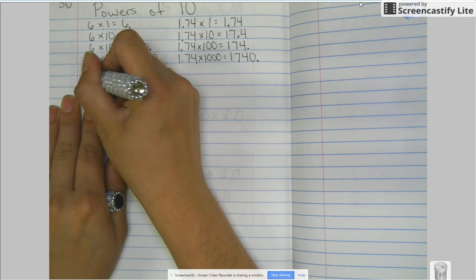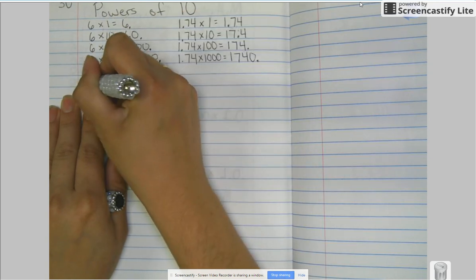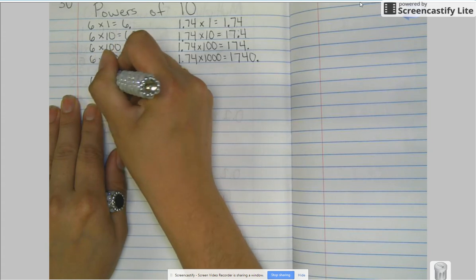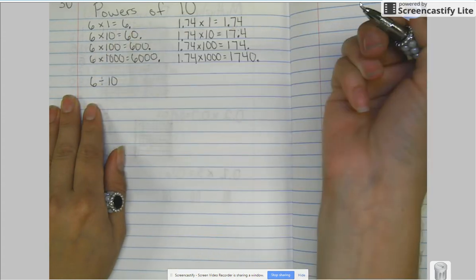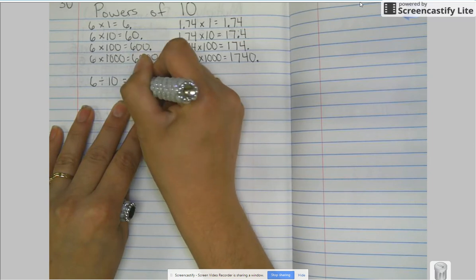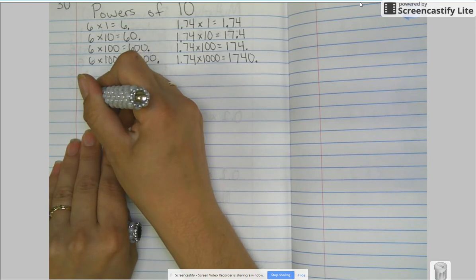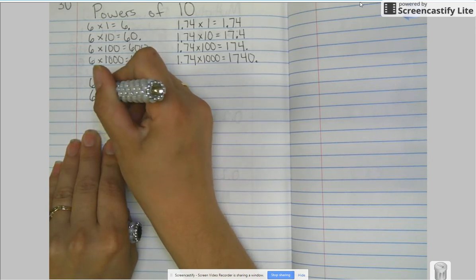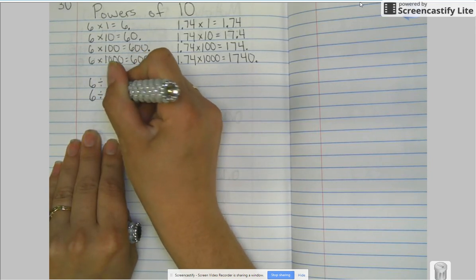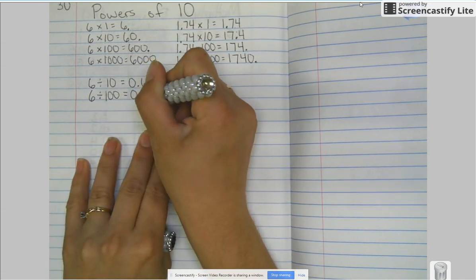So if I take 6 and I actually divide it by 10 this time. If I take 6 and divide it by 10, that means 6 tenths, which written as a decimal is actually 0.6. So what happens if I divide that number by 100? I'm actually going to end up with 0.06.